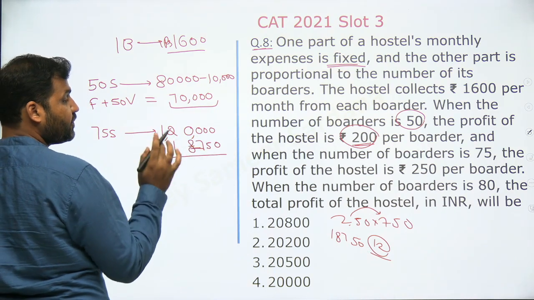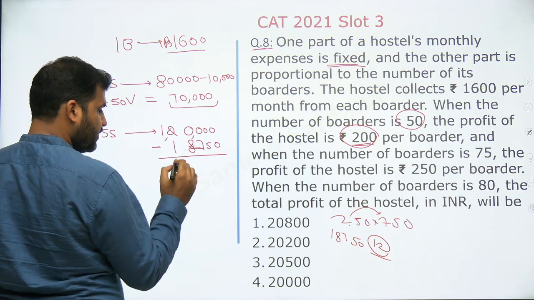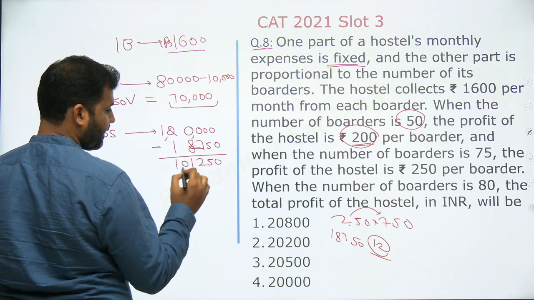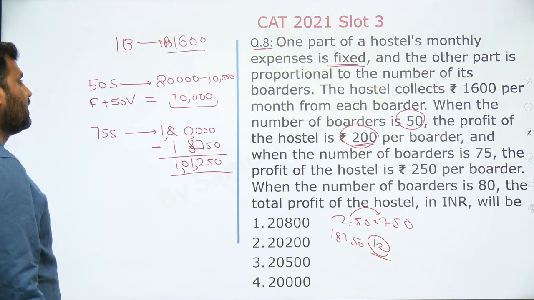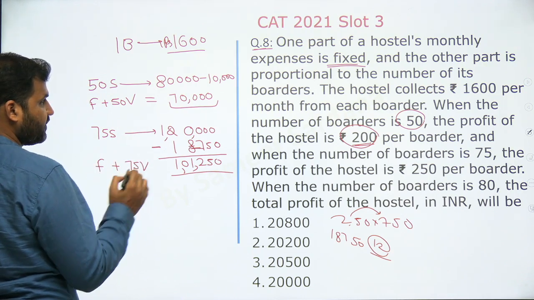So your expense will be how much? 1,20,000 minus 18,000 is 1,02,000, minus 750 is 1,01,250. That is your expense, fixed plus variable expense of 75.